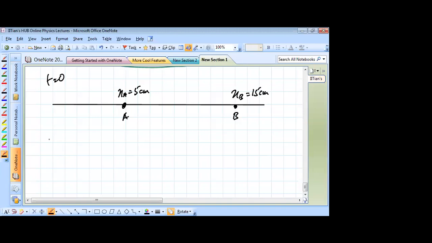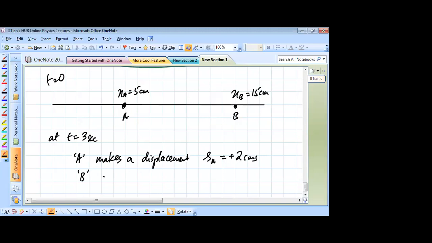Now at t equal to, let us say, 3 seconds, A makes a displacement sa of plus 2 centimeters, and similarly B makes a displacement of plus 5 centimeters.